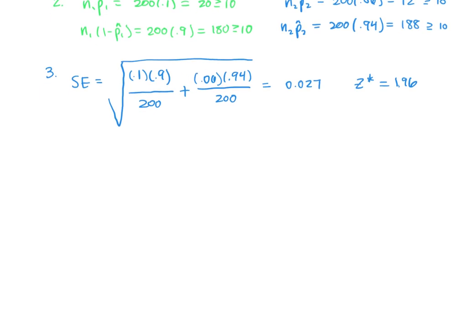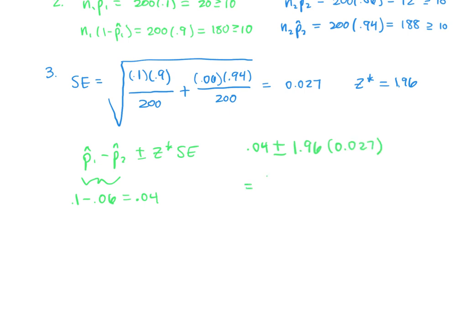So we can construct the confidence interval. We'll take p hat 1 minus p hat 2 plus or minus that z star value times the standard error. So p hat 1 minus p hat 2 is 0.1 minus 0.06, so that's equal to 0.04. So 0.04 plus and minus our z-value, 1.96, times the standard error, 0.027.